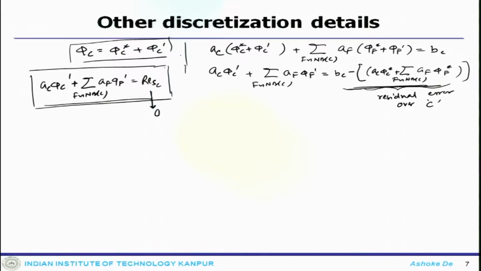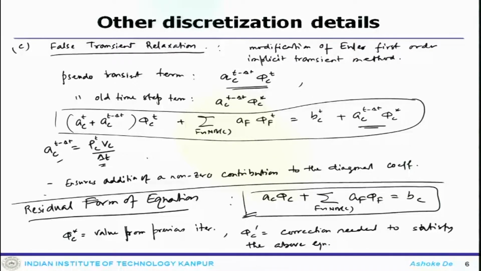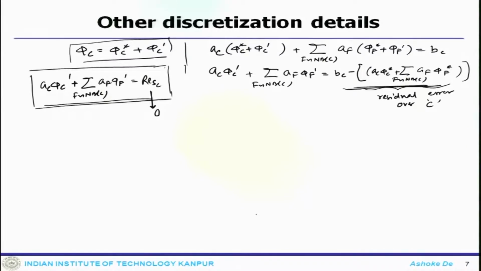Now, mathematically this is equivalent to the equation that we started solving, but this particular form, the one we obtained for the correction, has a certain numerical advantage.